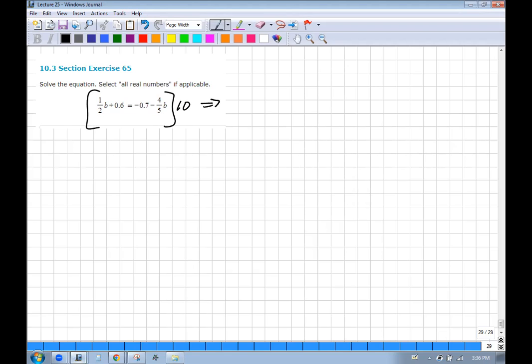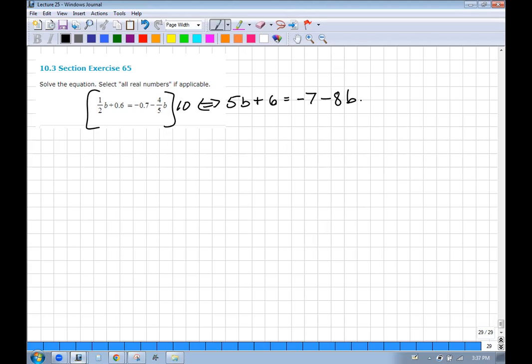If I multiply everything by 10, 10 over 2 is 5. 10 times 0.6 is 6. 10 times 0.7 is 7. 10 over 5 is 2. Times 4 is 8. That was nice. That got rid of the decimals and the fractions.